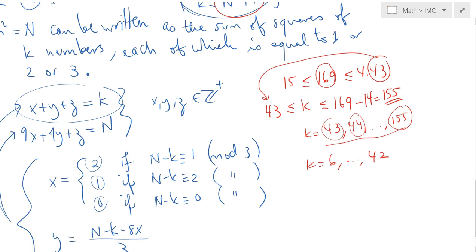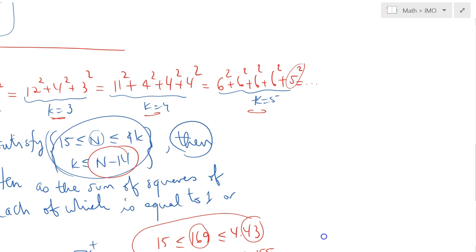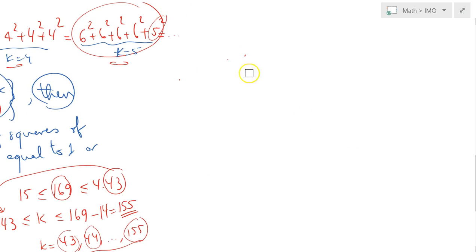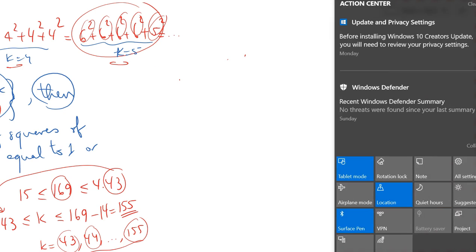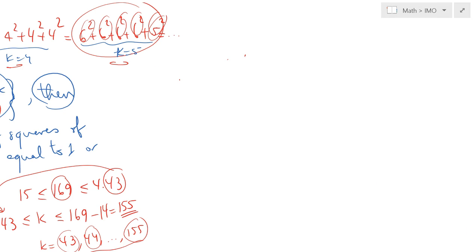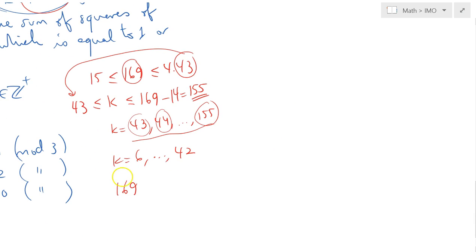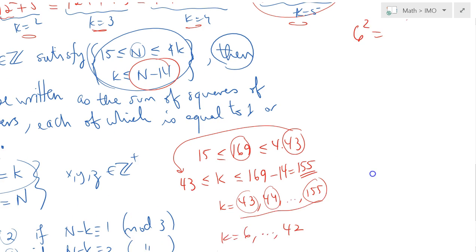consider, for instance, I know that 169, if you look at the last one here, let me continue here actually, 169 is equal to 4 6 squares plus a single 5 square. So I can further split 6 square as a sum of a bunch of things, right? So using this same lemma.